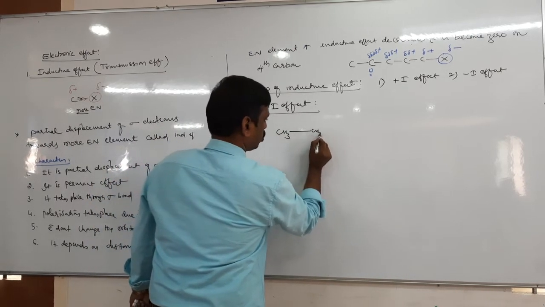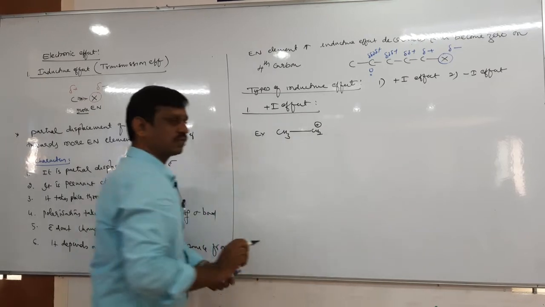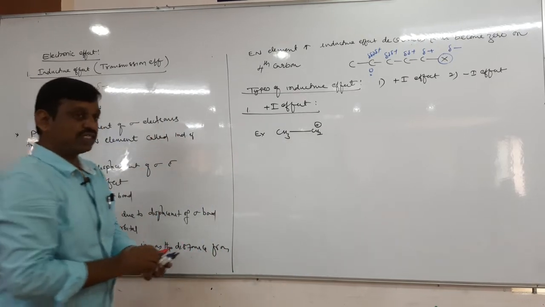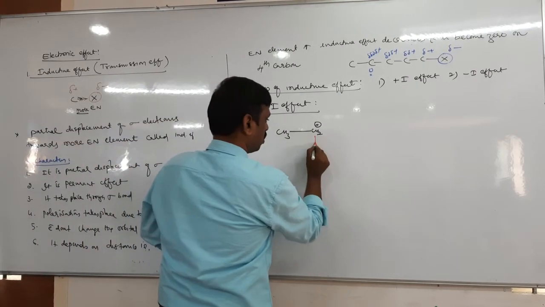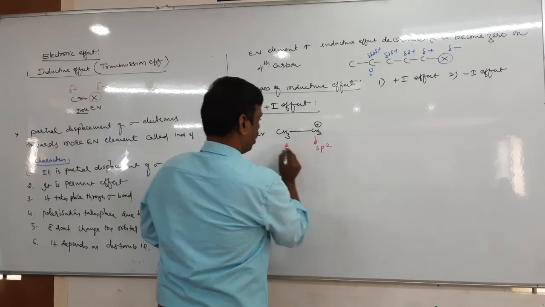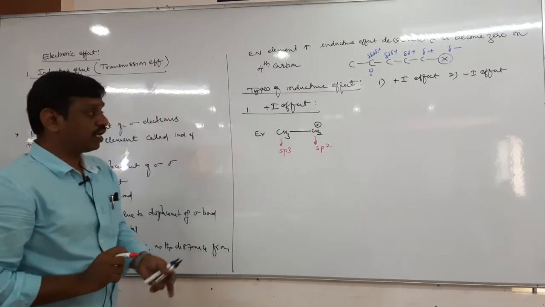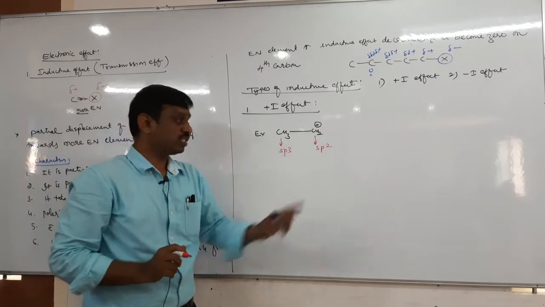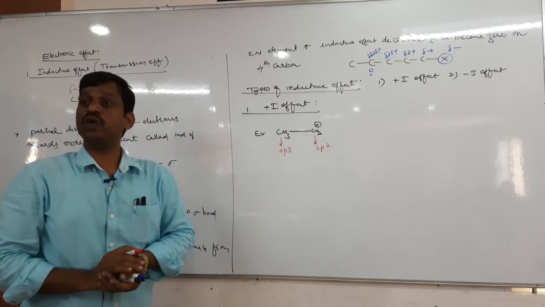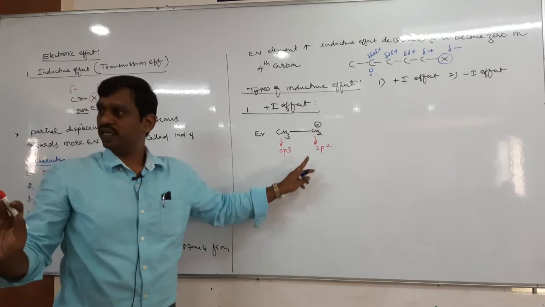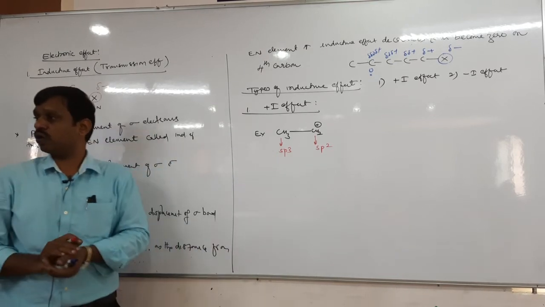It is attached to CH2 plus carbocation. So what is the hybridization of carbocation? We know that it is sp2 and of course this is sp3. Can you tell me among sp2, sp3 which carbon is more electronegative? Obviously sp2 carbon has more electronegativity.